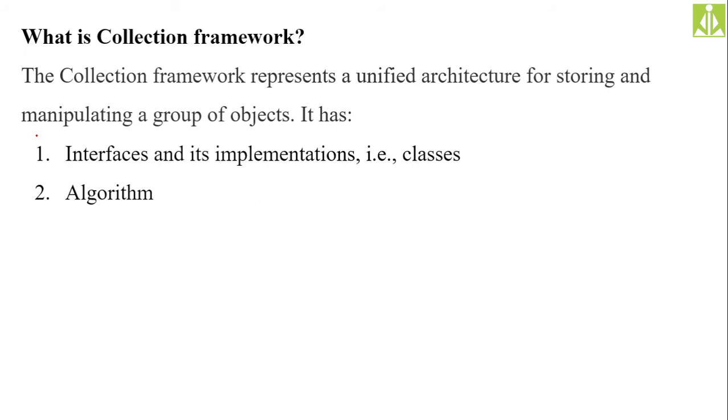Depending upon our requirement, we can opt for any of the feasible classes or feasible interfaces from the collections framework. So the collections framework is going to have the interfaces and their implementation.